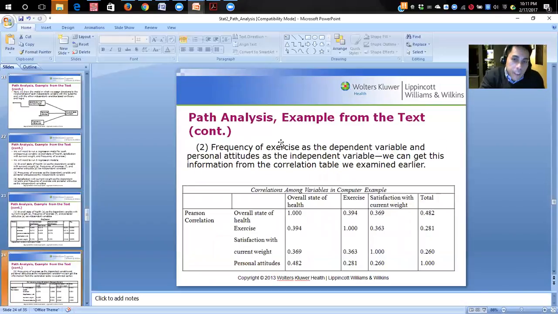So here, these are the different iterations of the three regression models that are conducted when you do path analysis.